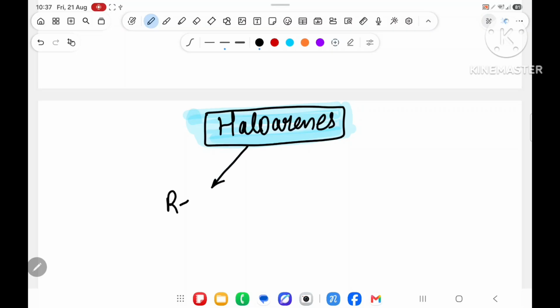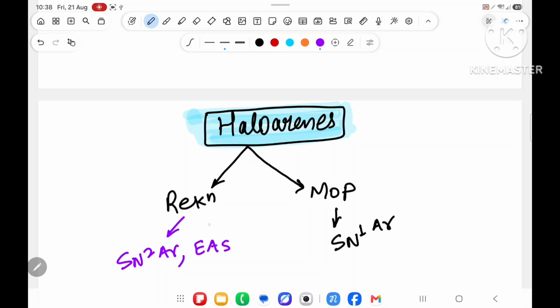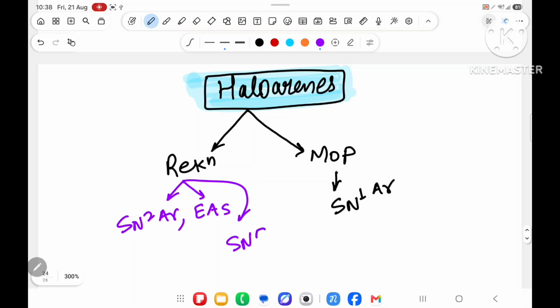Over here we will do their reactions and their method of preparation. Method of preparation will follow SN1 aromatic, and reactions will follow SN2 aromatic and electrophilic aromatic substitution. Remember? There is also SNEA, but this is not in our syllabus, so I will not teach that.